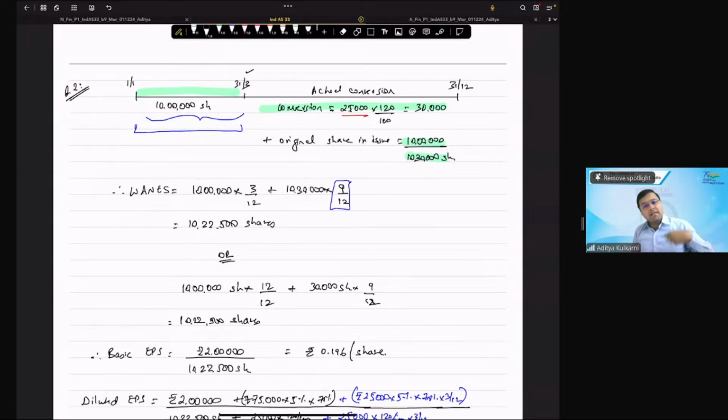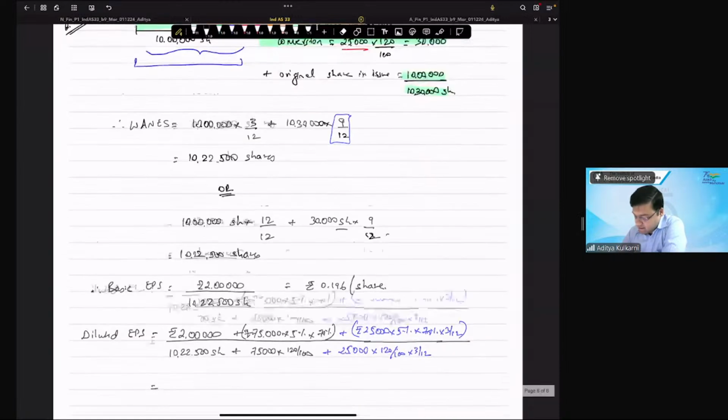These people have already converted. So that is why I will not take 10 lakh. I will take 10 lakh plus whatever has been converted, for whatever period they were present in the capital structure as actual shares. That is 30,000 shares into 9 by 12. Did you understand? So that is why I am dividing it by 10,22,500.